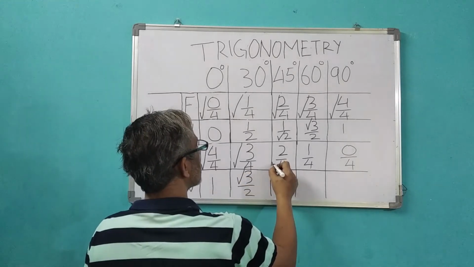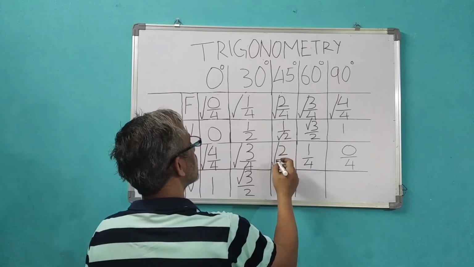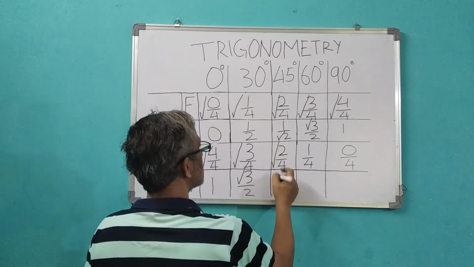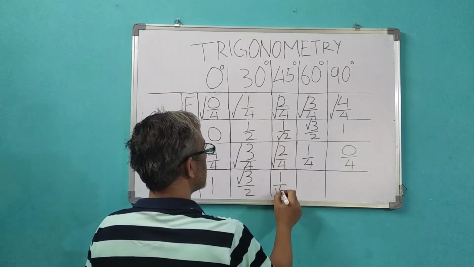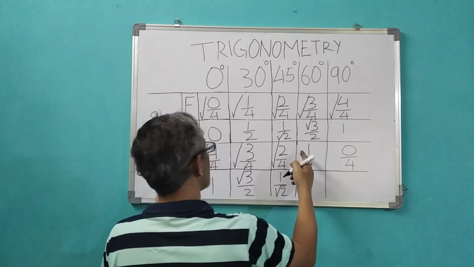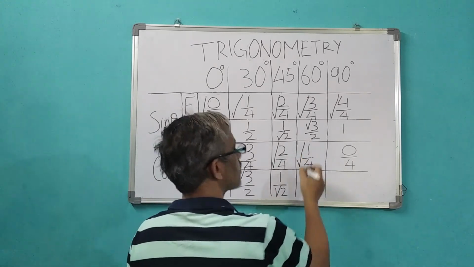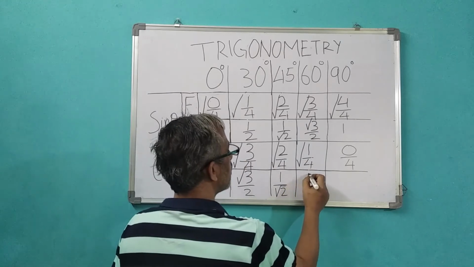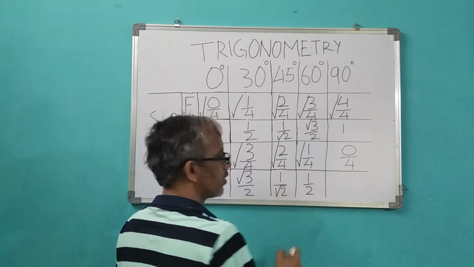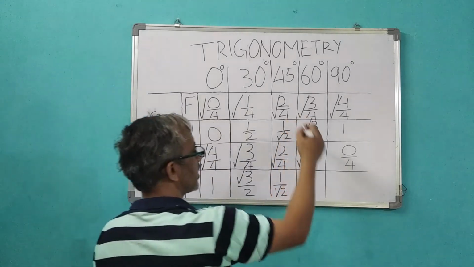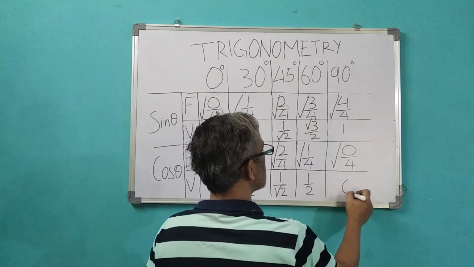Cos of 45 degrees is root of 2 by 4, that is same as here, 1 by root 2. Cos of 60 degrees is root of 1 by 4, that is 1 by 2. And cos of 90 degrees is 0.